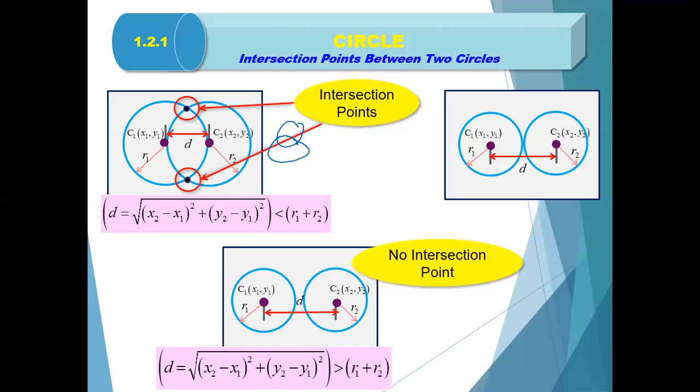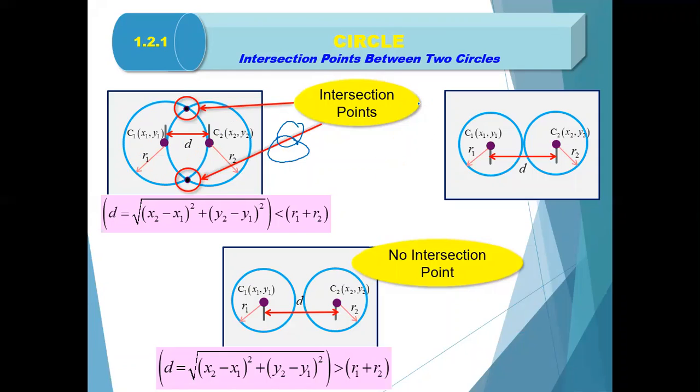Why? This is radius 1 only, or radius 2 only. It is less than radius 1 plus radius 2. If you get the distance less than R1 plus R2, it means the intersection points are like this.